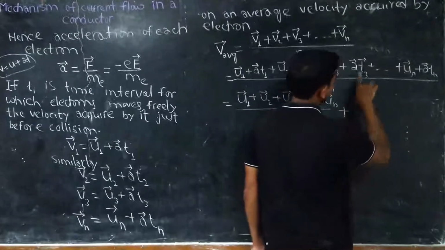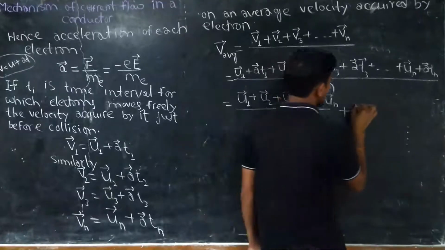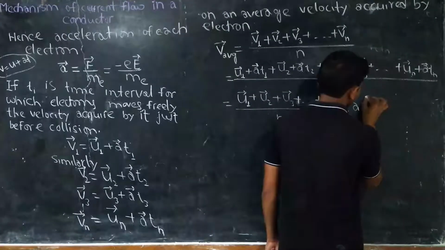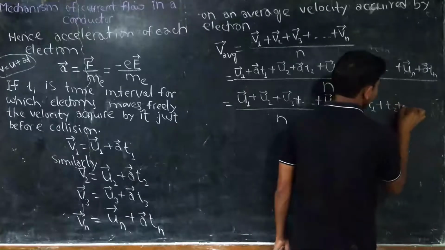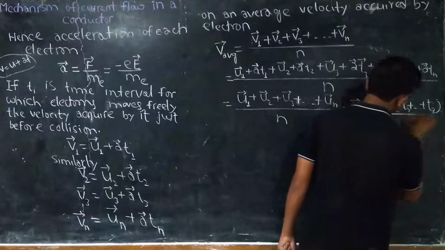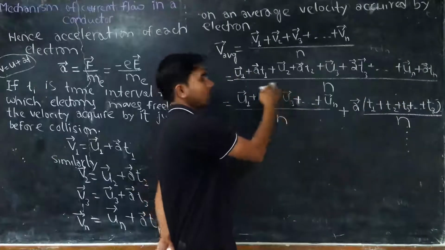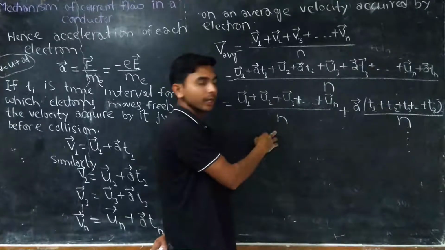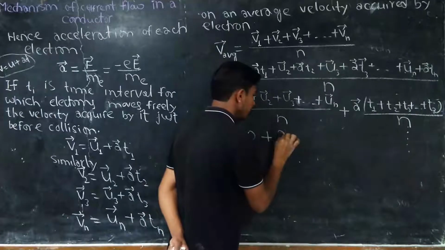And here a is present everywhere, so we can take a as common, and inside the bracket we have t1 plus t2 plus t3 plus dot dot dot tn, divided by n. You know this first value is 0, so here we can write 0 plus a.